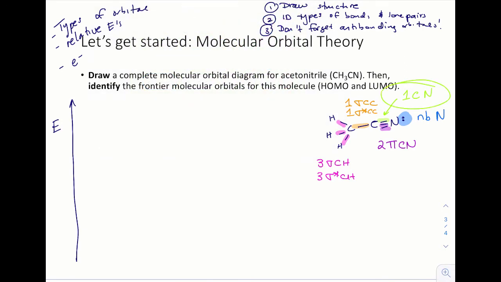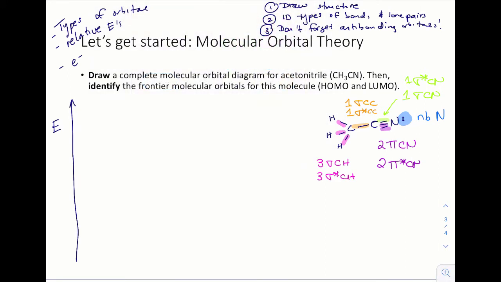If there's one sigma CN, there is also one sigma star CN, the corresponding antibonding orbital. If there are two pi CN orbitals, there are two pi star orbitals. And finally, this non-bonding, there is no antibonding associated with the non-bonding, it's just a non-bonding orbital.